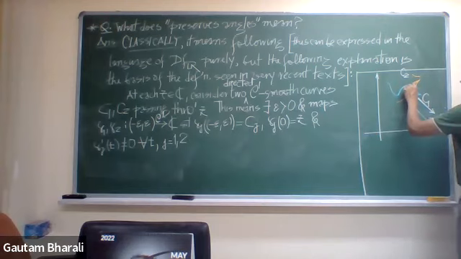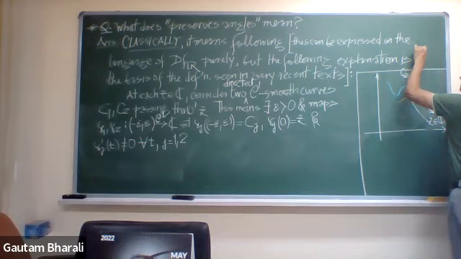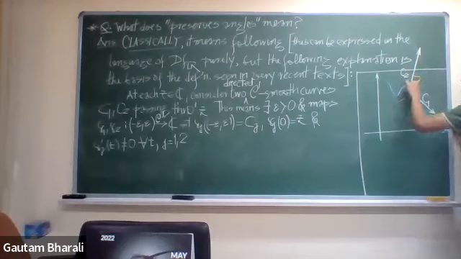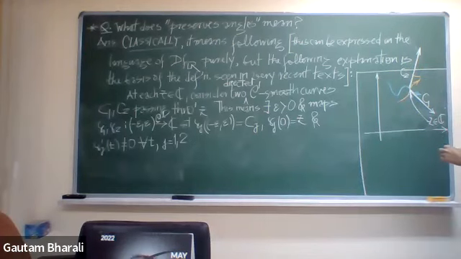And this other ray that I just drew is the tangent vector to this other directed curve, the curve C2.